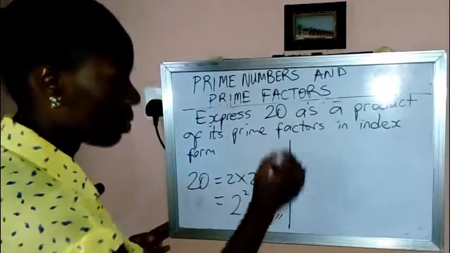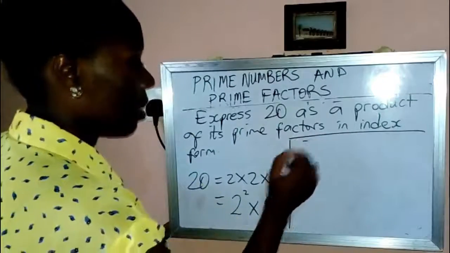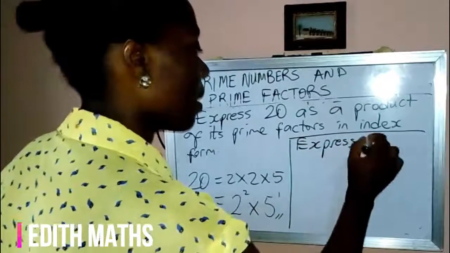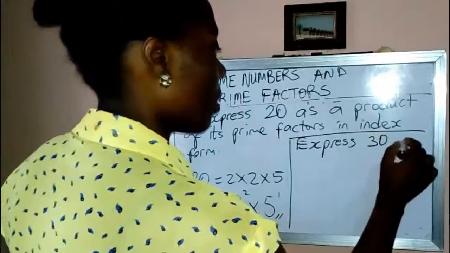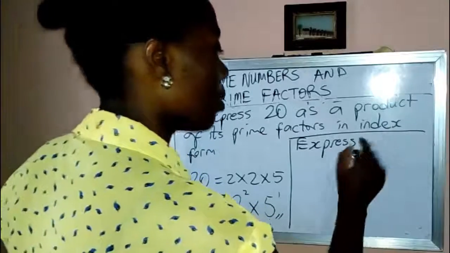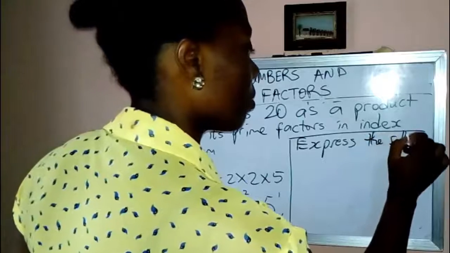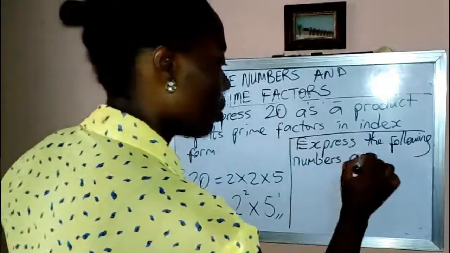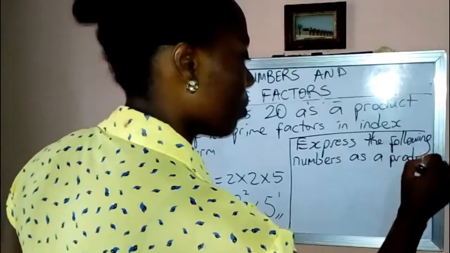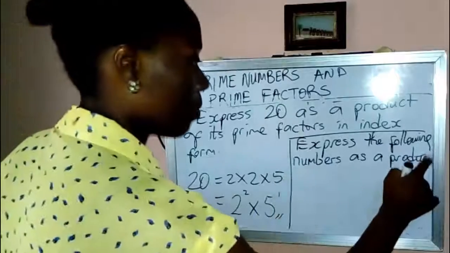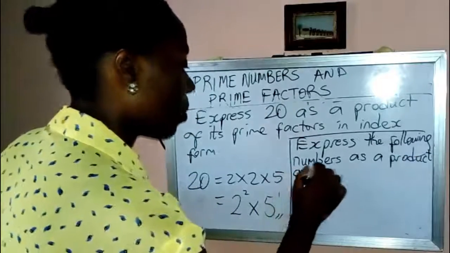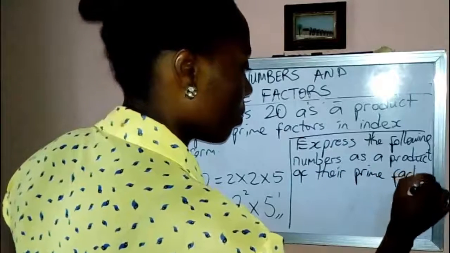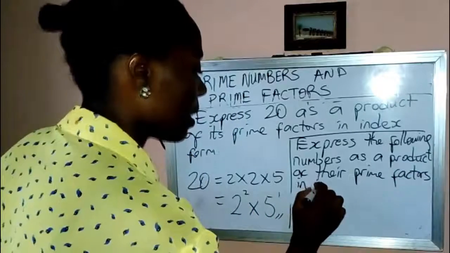I think we have done a lot today. Please try out this. Express the following numbers as a product of their prime factors in index form.